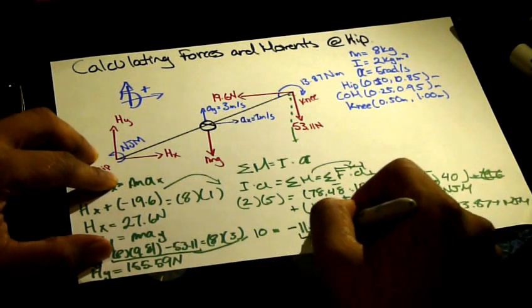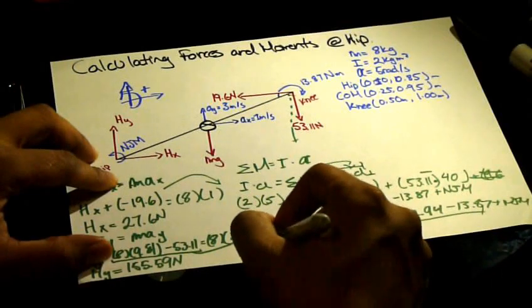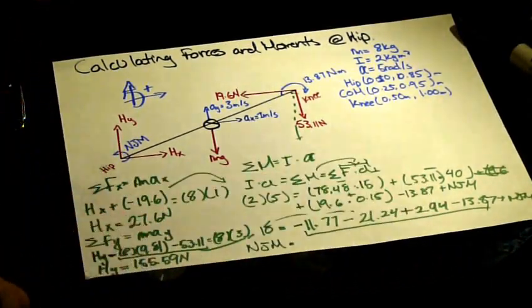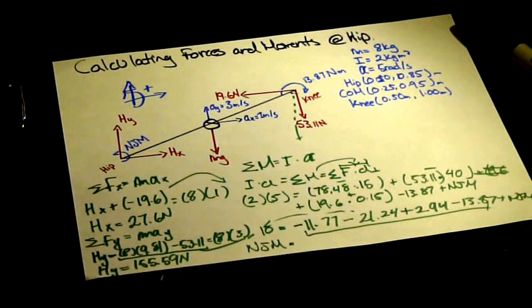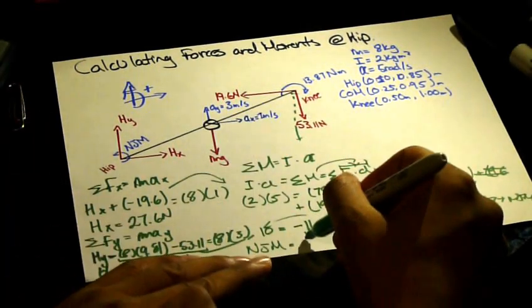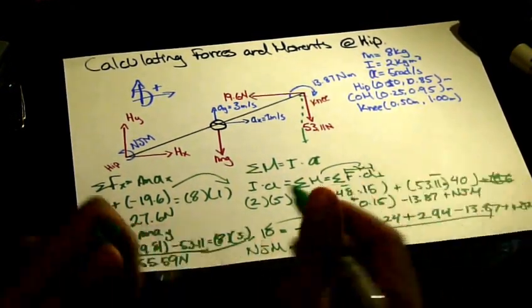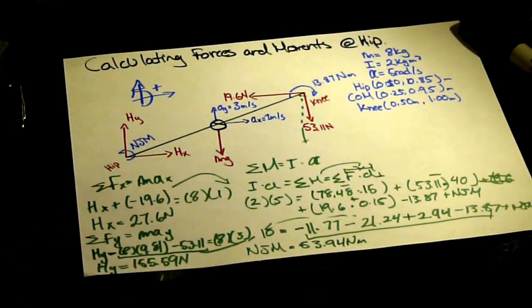So isolate by carrying all of this over to that side. So net joint moment is equal to 53.94 Newton meters. Alright, so the most important thing here to remember is how to transfer your forces.